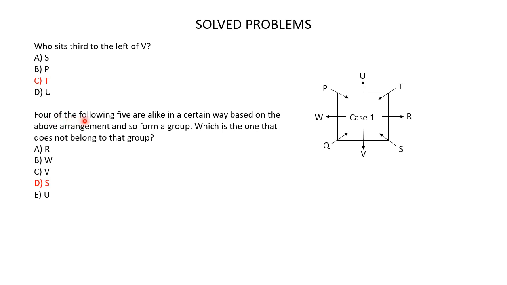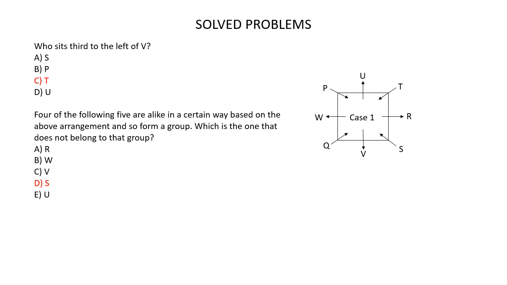Four of the following 5 are alike in a certain way based on the seating arrangement given and so form a group. Which is the one that does not belong to that group? You are given 5 options here and you have to find out which of these options is the correct one. So here you are asked to find the odd one out.